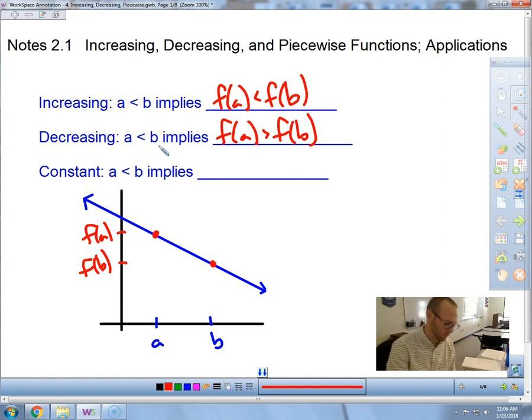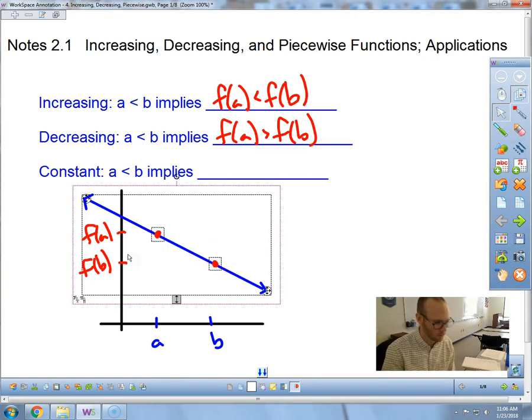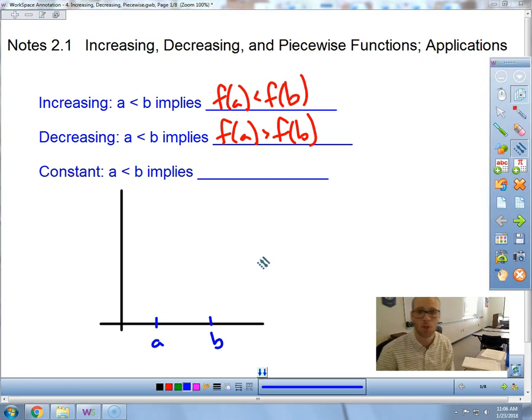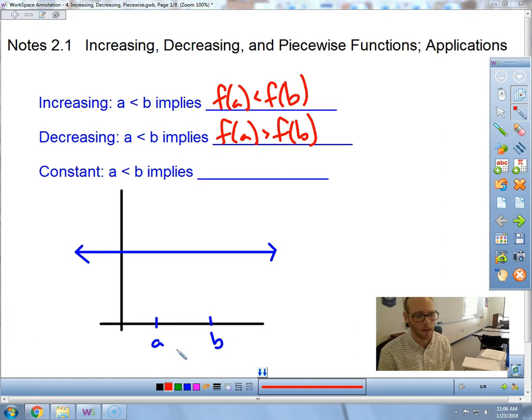Last one, constant. What does it mean for a function to be constant? It means it doesn't change. That means no matter the x value, the y value is always the same. A constant function would be a horizontal line. It's not changing, is it? How does f of a compare to f of b now?